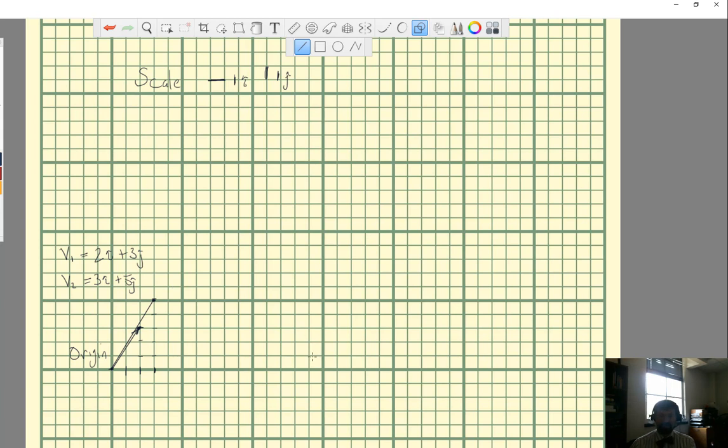So there's that one. And if I wanted to add the two vectors together to get a resultant vector, so let's say that I decide that I want to add some vector. We'll say that the vector is maybe like r, and it can be v1 plus v2. The way that I do that is I add the components.